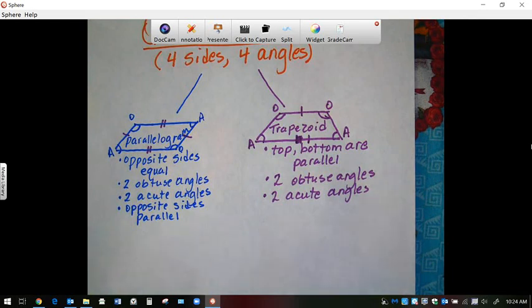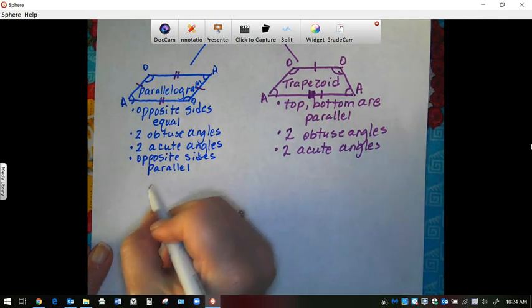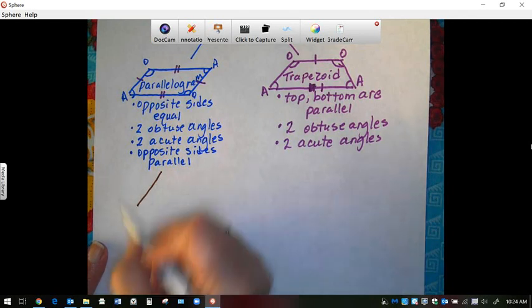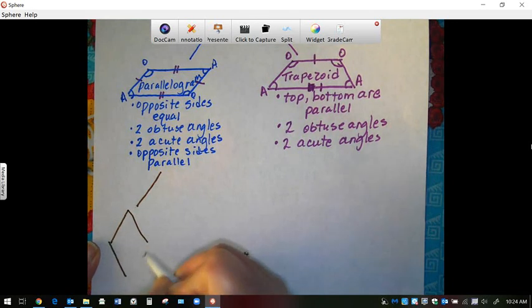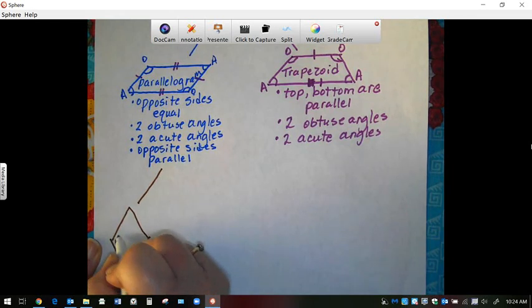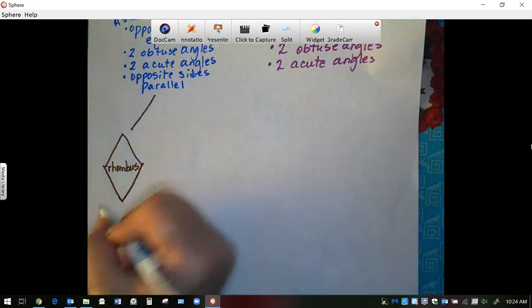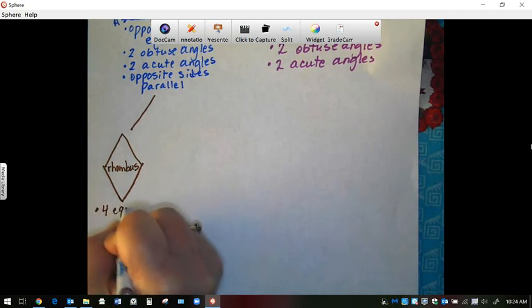Alright, the other shapes, they are related to the parallelogram. Okay, there's 2 shapes that are related to the parallelogram. First one is a rhombus. I'll try my best to draw this one. Alright, so the rhombus and key features about the rhombus are there's 4 equal sides.